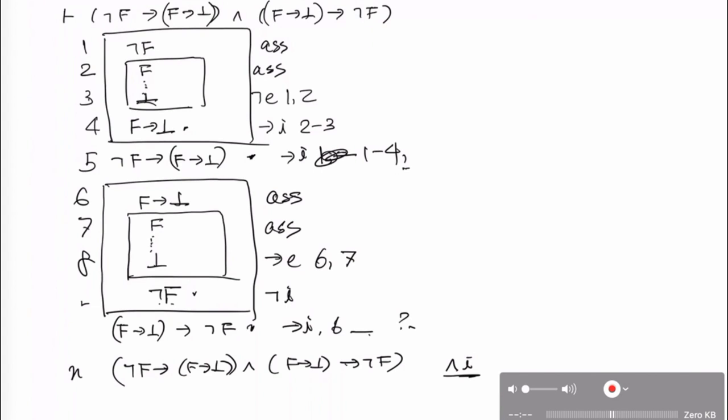Okay, so then we can get line 9 using the negation introduction rule from the box 7 to 8. Okay, and line 10, we now know that the box is from line 6 to 9, and this is actually 11. Okay, so this is conjunction introduction for lines 5 and 10.